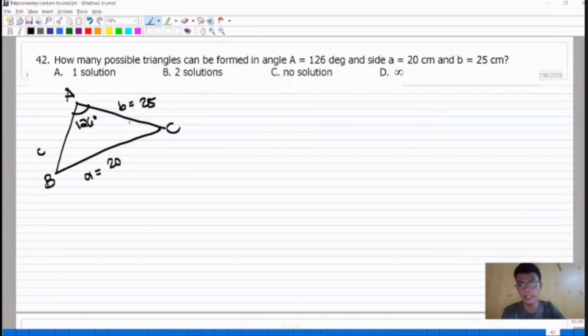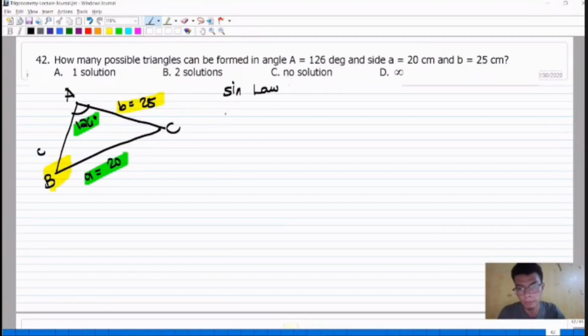So let us check using sine law naman. So paano naman natin ginagamit yung sine law? Kailangan lang natin ng two pairs, opposite side and opposite angle. So try natin kung may makukuha tayong ganon. Ganon kasi ang tanong sa problem.